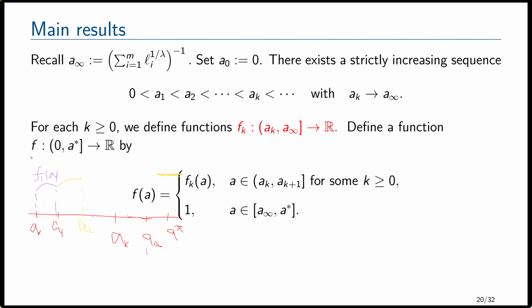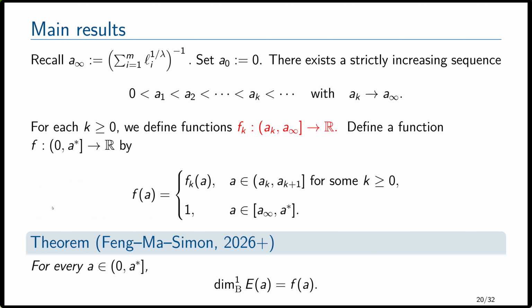So this is a function, and what is our result? For every A between 0 and A star, we have a box dimension profile of EA, and it is equal to FA. So we just give a precise expression of the box dimension profile.